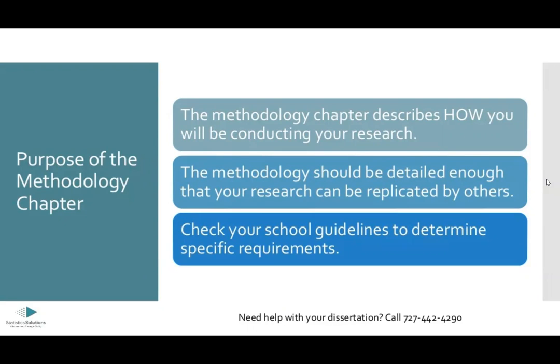It should be written in a clear enough manner that they can read it and then go ahead and reproduce each of the steps that you've taken in their own study. And again, always check your school's guidelines just to make sure you know exactly what your requirements are as you begin writing.